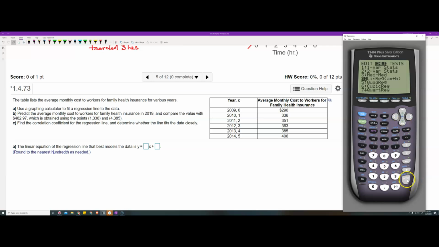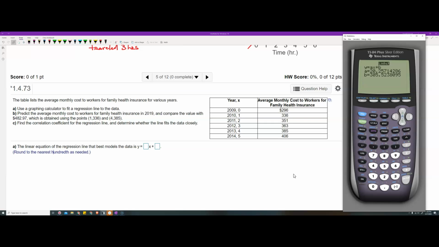Hit enter, and we want it to use List 1 as the X, List 2 as the Y. We're not going to worry about storing the regression equation, so you can skip that, and then highlight Calculate and push Enter. Now what it does is it gives you the equation that fits that data.